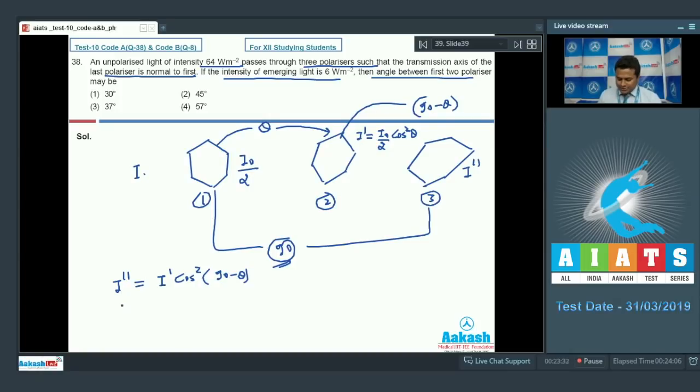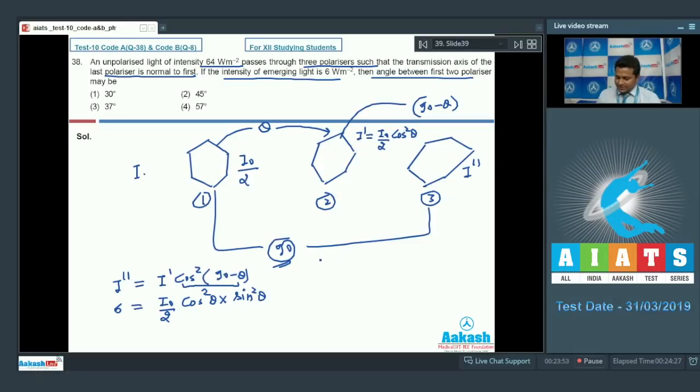Now putting the values, I double dash is clearly given in the question, that is 6. I dash is I naught upon 2 cos square theta, multiplied by cos square 90 minus theta, which will become sin square theta. Let's multiply 4 into both numerator and denominator.